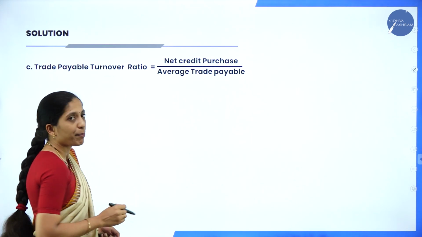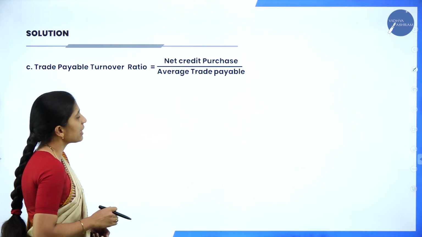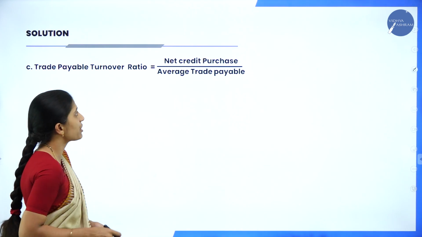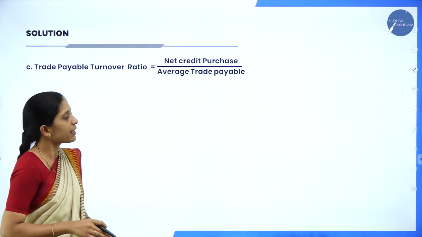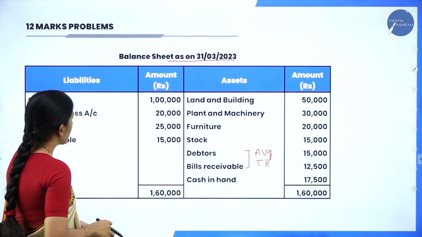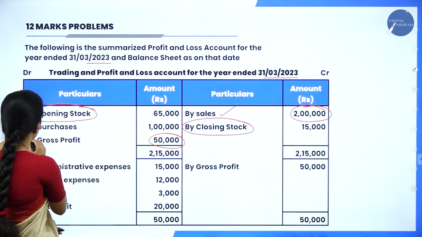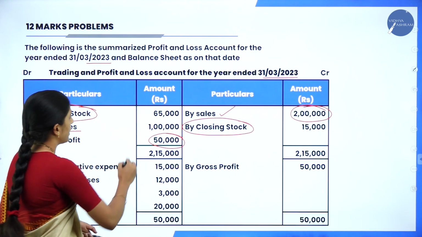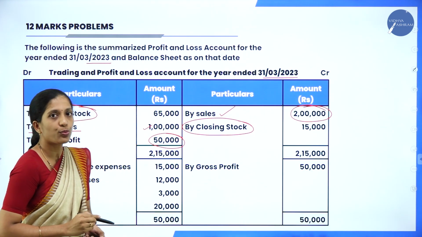Now coming to trade payable turnover ratio, we have net credit purchase divided by average trade payable. Now what is this net credit purchase? They have given us purchases, correct? So purchases itself is considered as net credit purchase, that is 1 lakh.